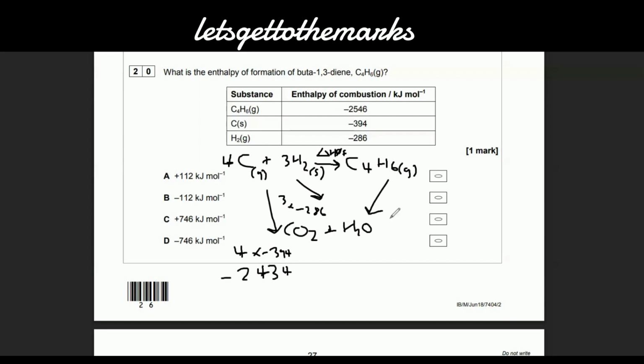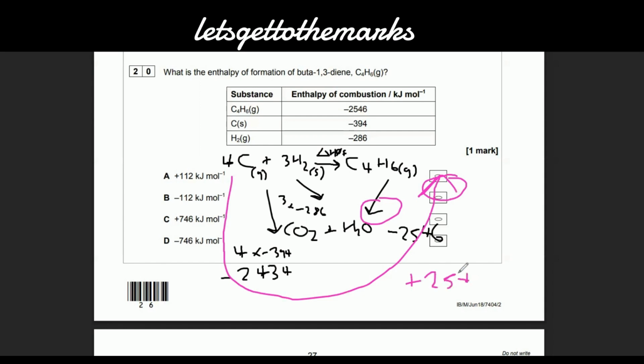And then enthalpy of combustion. So if you burnt that, you would release minus 2,546. Now, all you do is get an arrow and go clockwise around like that. And then anywhere where the arrows clash, and they clash here, you reverse the sign. So this becomes plus 2,546.